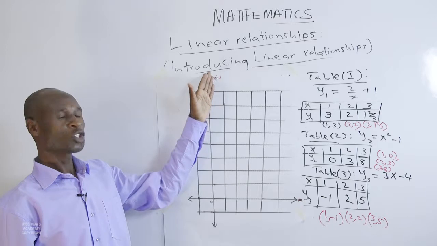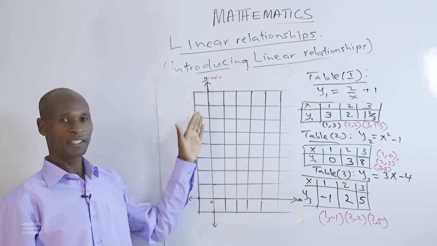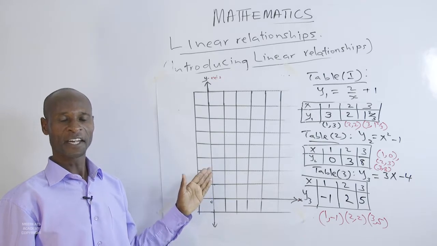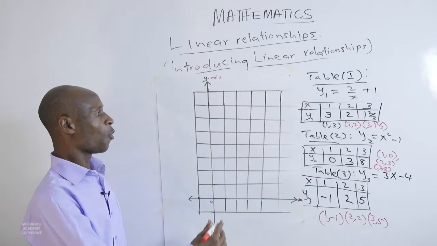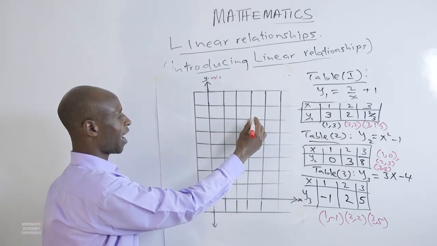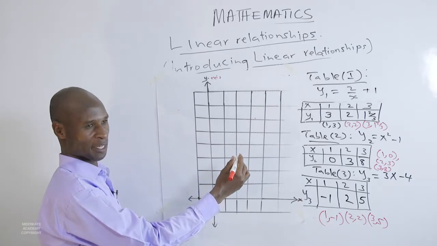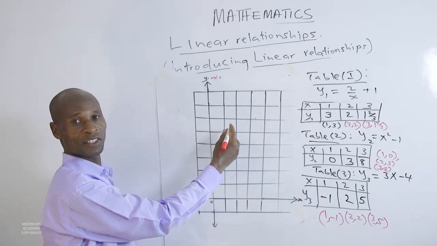Now, when the two axes are joined, they intersect and divide the grid into 4 quadrants. We have a quadrant here on the right. We call it the first quadrant, on the right side of the y-axis.